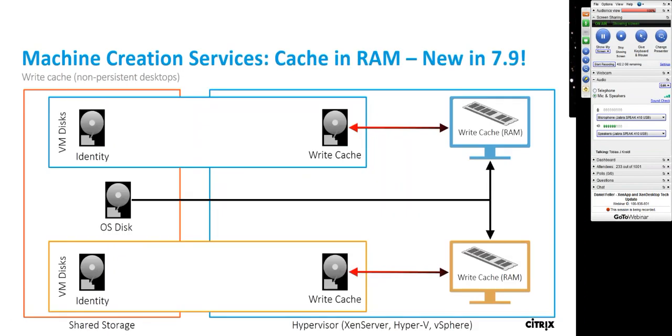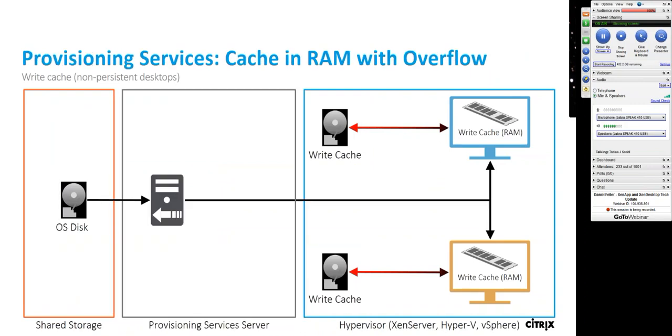How this changes the architecture is that within each of the VMs we now have a RAM-based write cache. Any writes that the VM has to do will be written into the VM's non-paged pool RAM. As that RAM is utilized, it will consolidate those writes and dump them onto the write cache that's stored on the local hypervisor. So this works just like PVS.